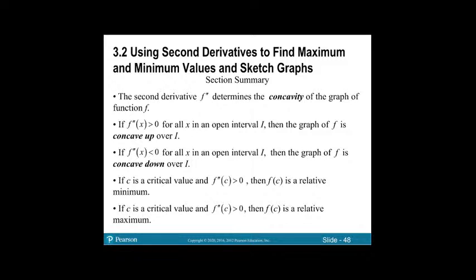What I could do is take this one, copy, paste the image, and just like that. Technology boy. Okay, if it's negative, it's concave down, then we have a relative max, right? All I did was copy the right thing and paste it on top of the wrong thing. That's so interesting. Anyway.